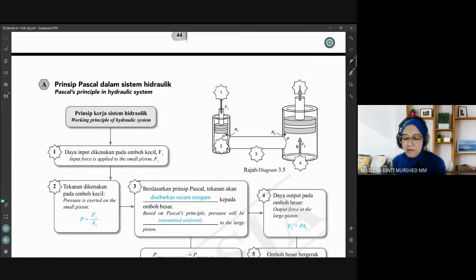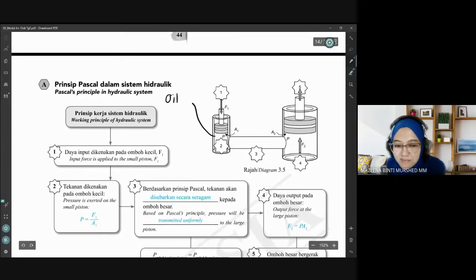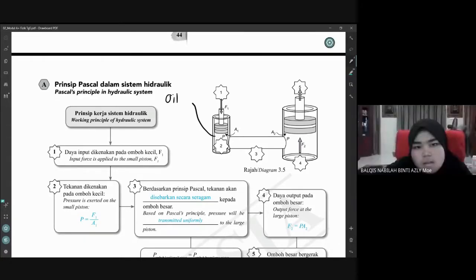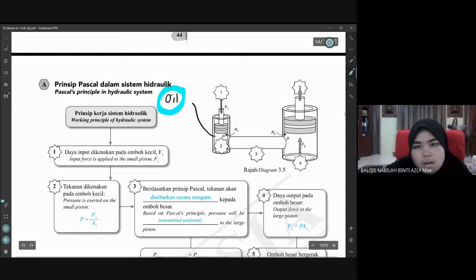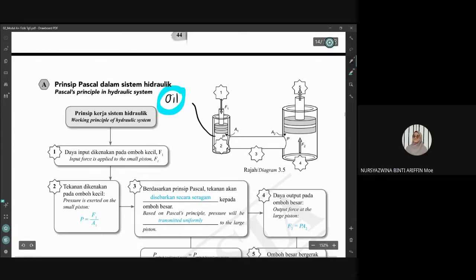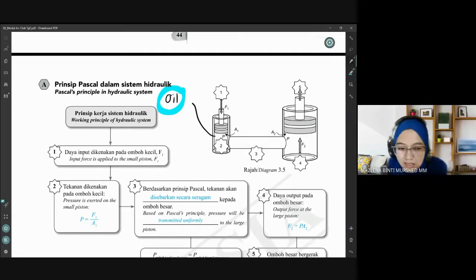Kenapa oil? Siapa tahu why we use oil? Kenapa oil? Dalam ni oil. Why we use oil? Density. Kenapa dengan density dia? Rendah. Low. Apa kaitan density dengan pressure?